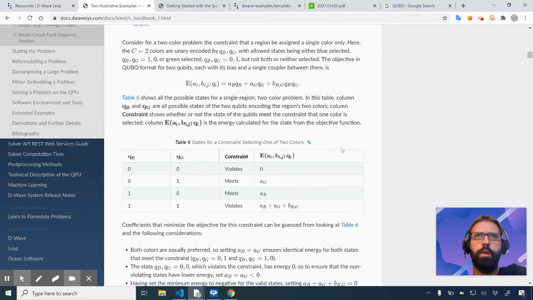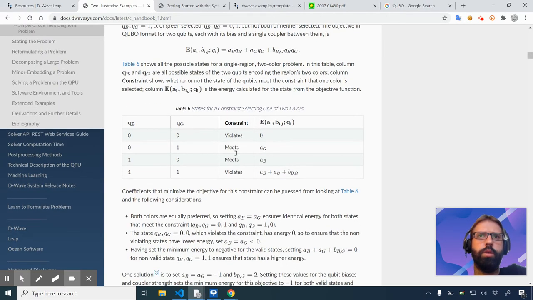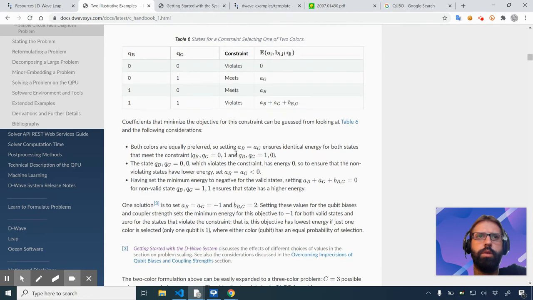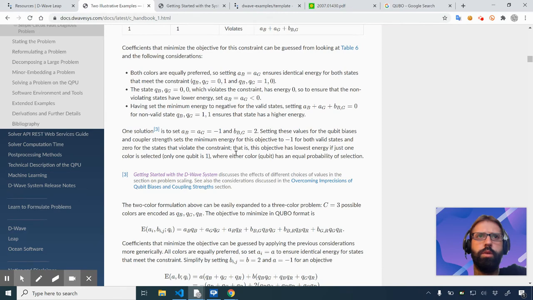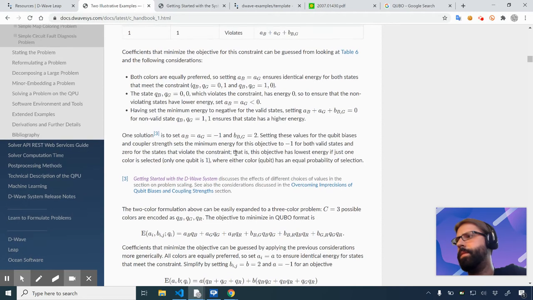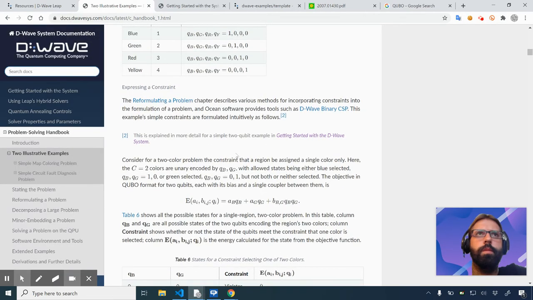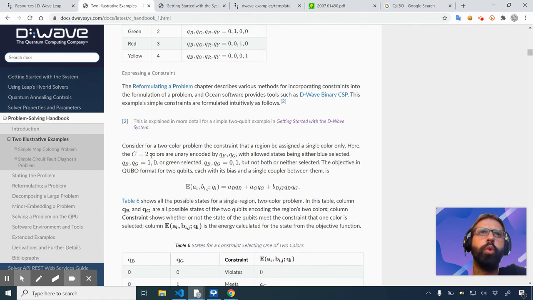No. So this is two colors, okay. 0 and 1, or green selected.